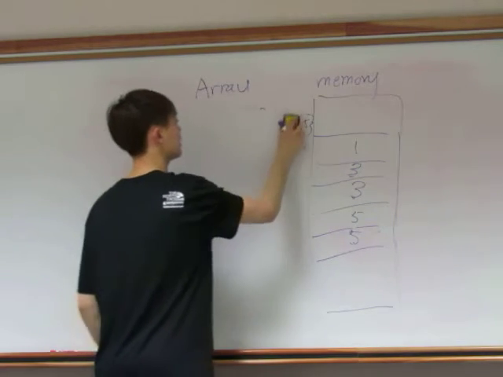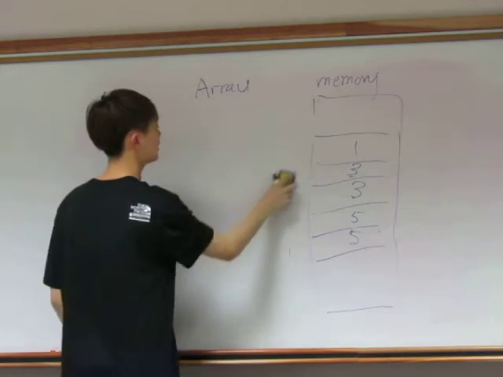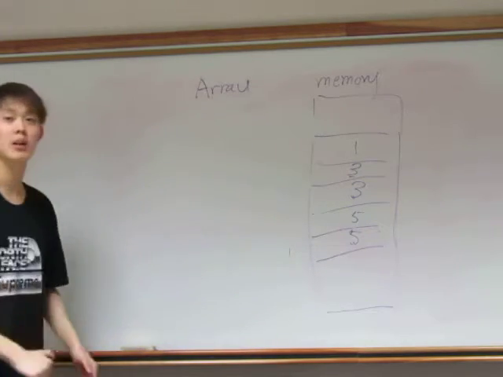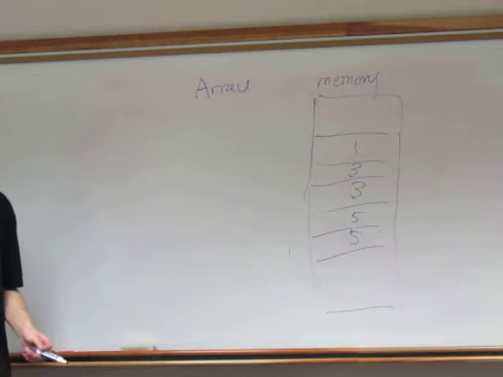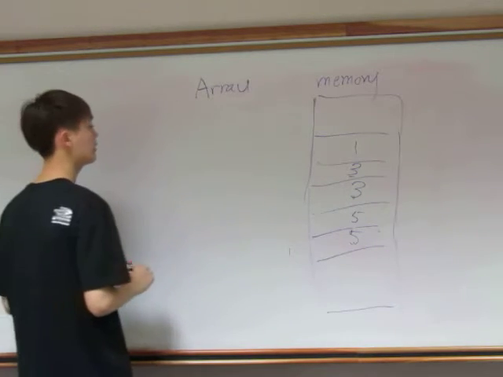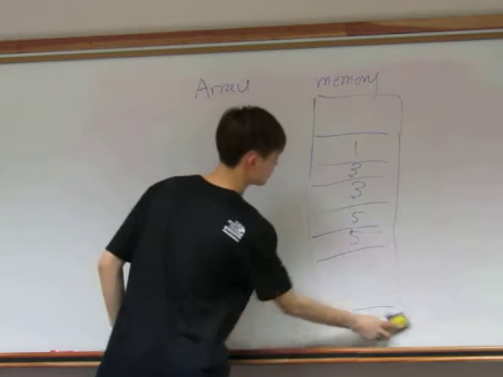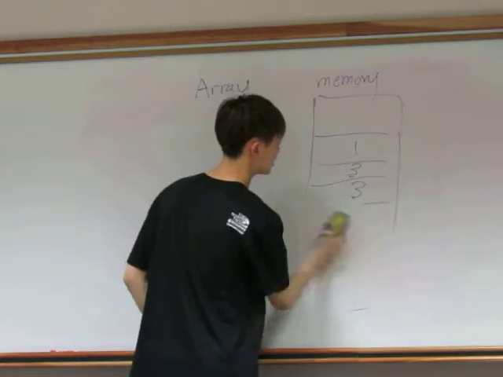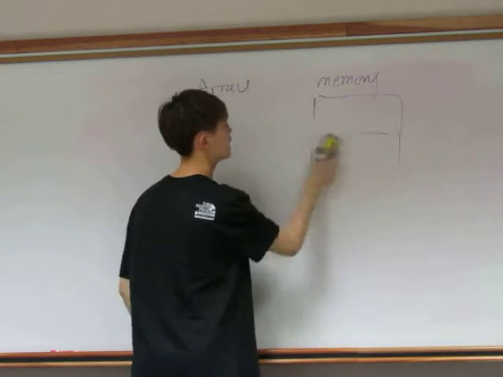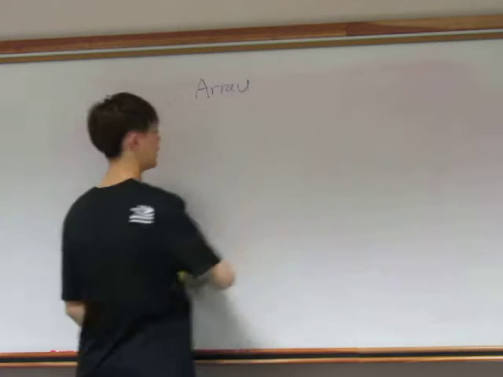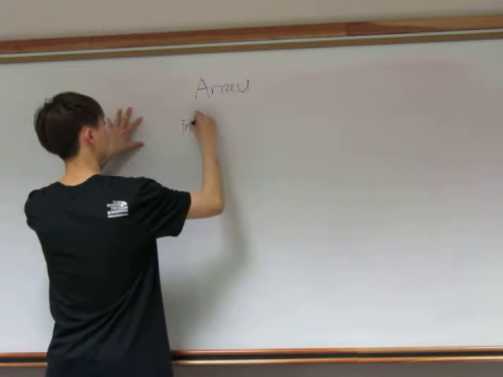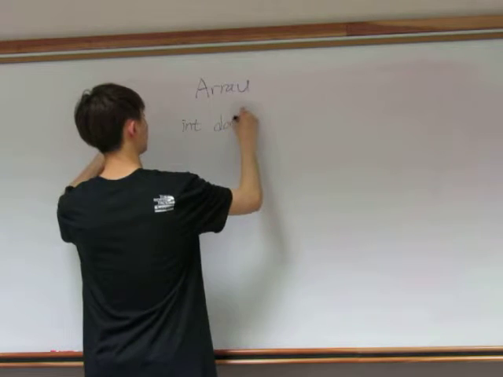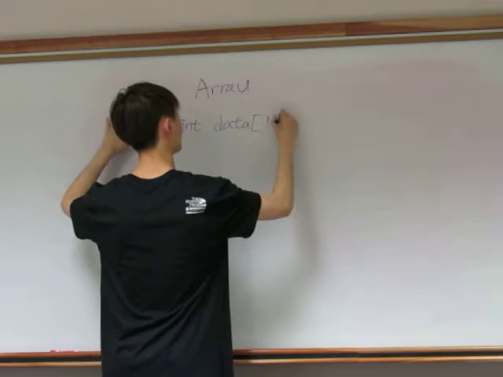And finally, I'll go to the question I talked about in the beginning. If you want to store 1,000 integers of heights, and get those values from the user, first you will need to declare an array of size 1,000.